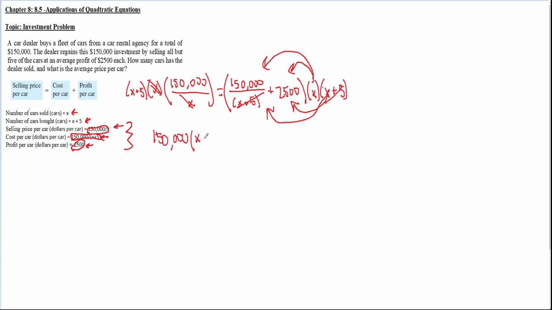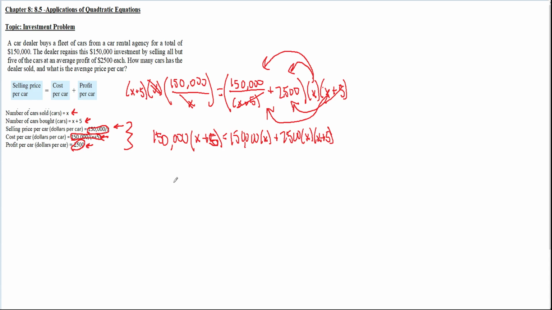So we end up with 150k times x plus 5 is equal to 150k times x, and then we have our 2500 times x plus 5. From here we want to begin distributing still, so that we can set up our quadratic equation.